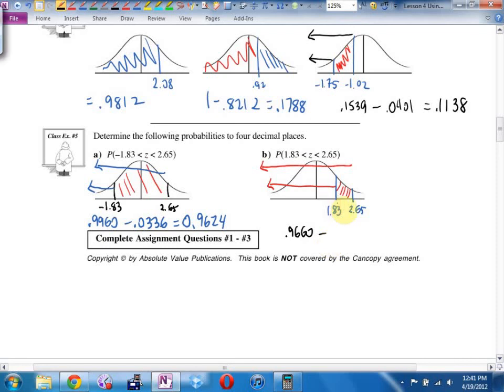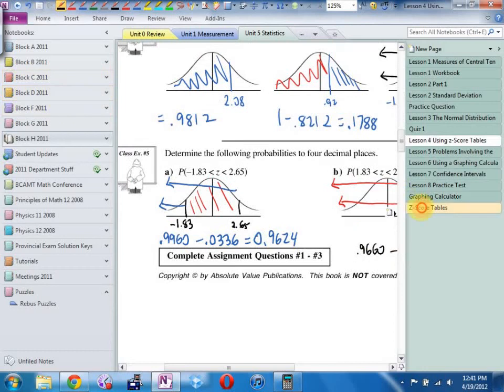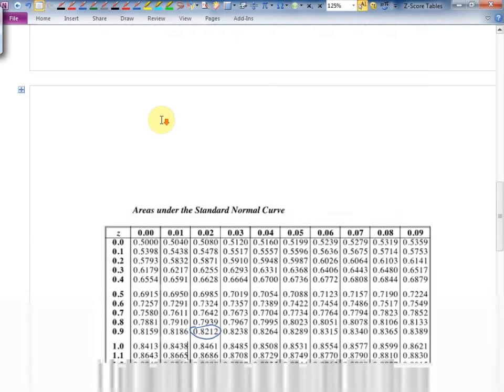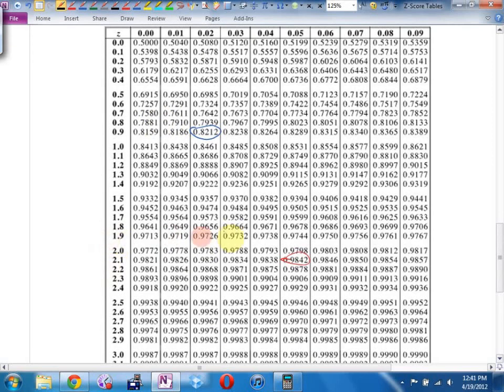9664? Yeah. Can't be bigger. Okay, well then our 2.65 has to be wrong.